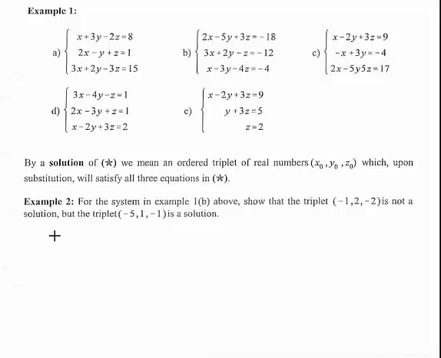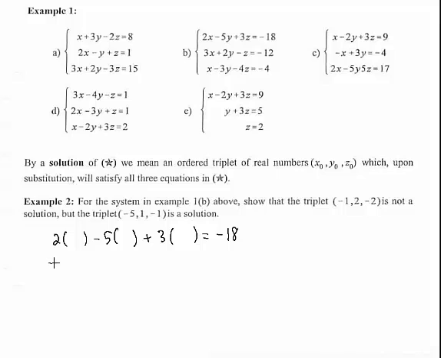We have 2 times x, and I'll leave a blank because we're going to fill in that x with a number, 5 times y plus 3 times z equals -18.